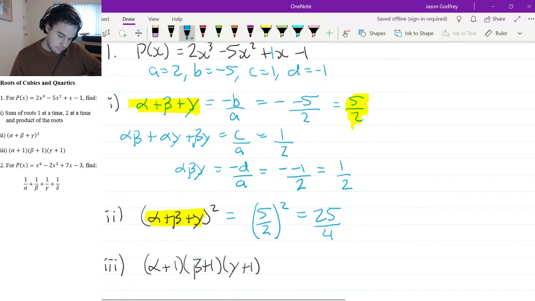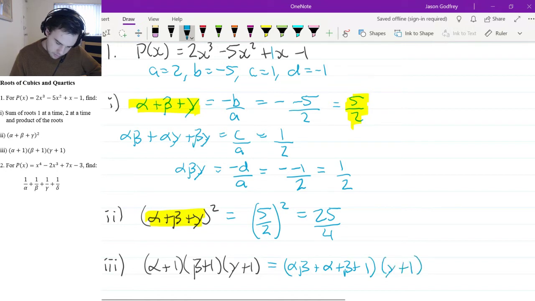Well, maybe if we expand out the brackets, we'll end up with some of these expressions that we do know. So if I expand the first one, it's alpha times beta plus alpha plus beta plus 1 times 1 is 1, and that whole thing times gamma plus 1.